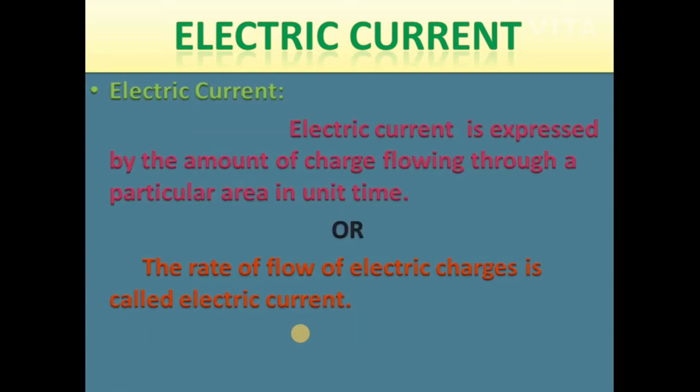Okay, then what is the definition of electric current? Electric current is expressed by the amount of charge flowing through a particular area in unit time. Or we can define it as: the rate of flow of electric charges is called electric current.